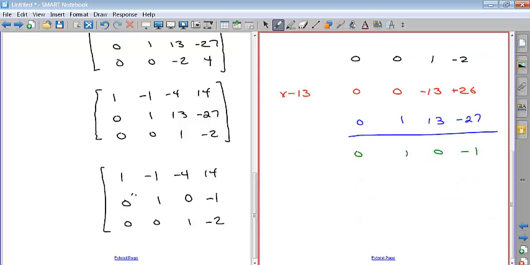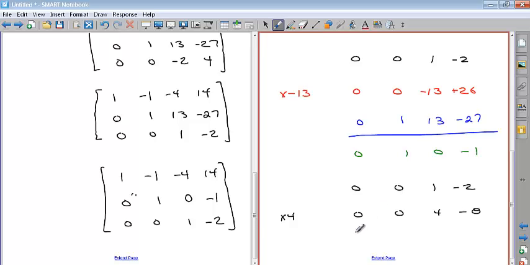And to eliminate this term, I'm going to use the last equation, or last row. So again, I'm going to start with 0, 0, 1, negative 2, and I need positive 4 to make that go to 0, so I'm going to multiply by positive 4. So that's 0, 0, 4, negative 8. So that's just the third row multiplied by 4.